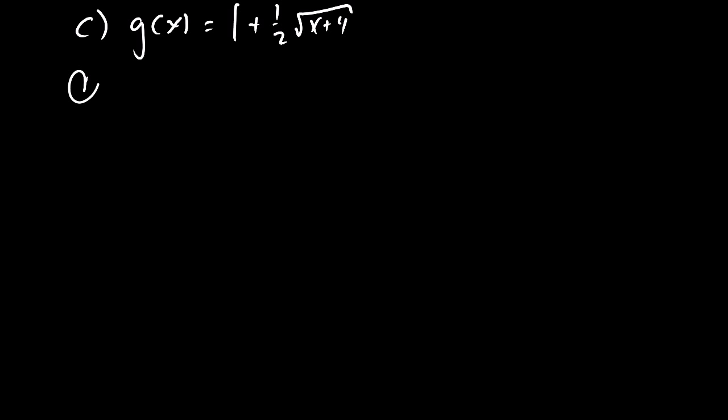So here's what it looks like. C, g of x is equal to 1 plus 1/2 square root of (x plus 4). What's step 1? Find the parent graph. After we take away all of the numbers, they're gone, and we're just left with our variables. g of x is equal to the square root of x.